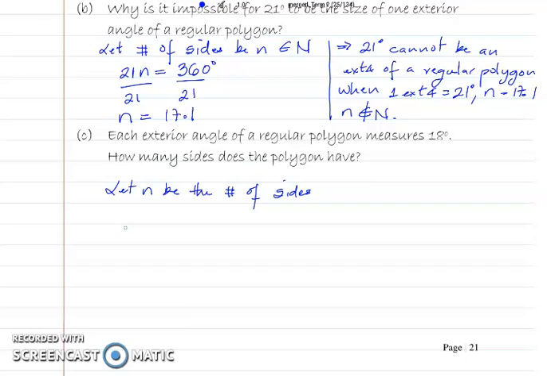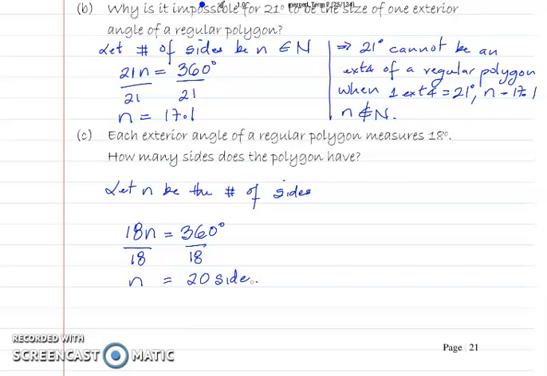So the sum of the exterior angles would be 18n is equal to 360 degrees. Divide both sides by 18, and I would get n is equal to 20 sides.